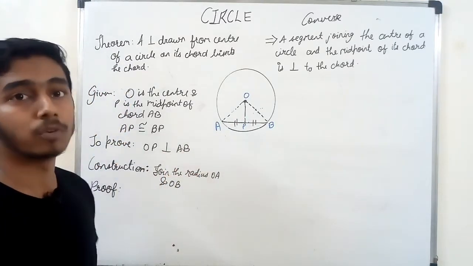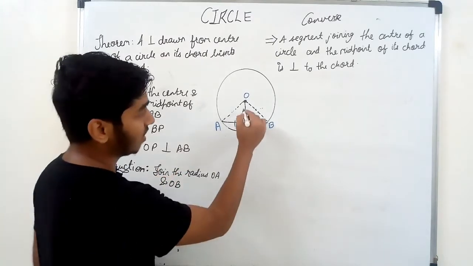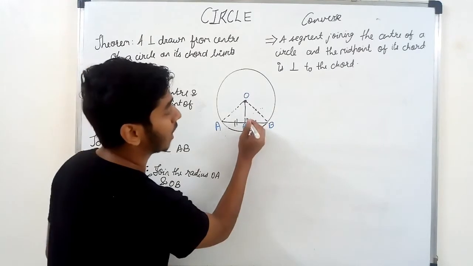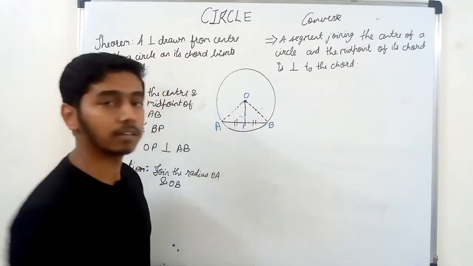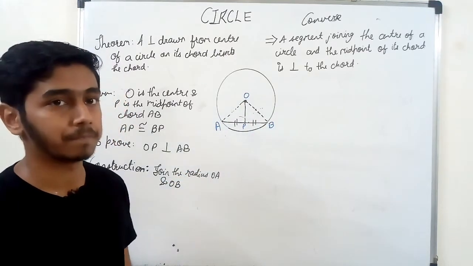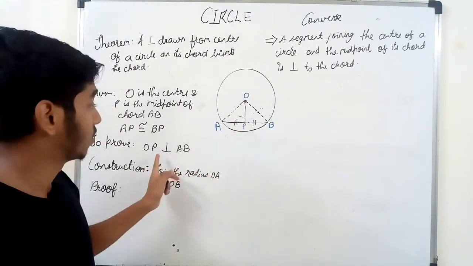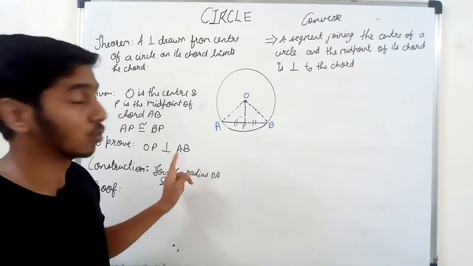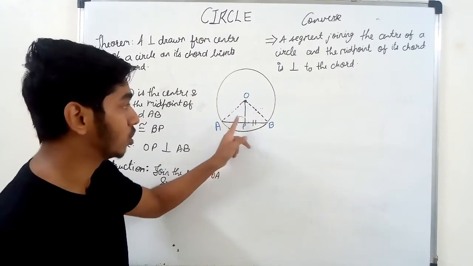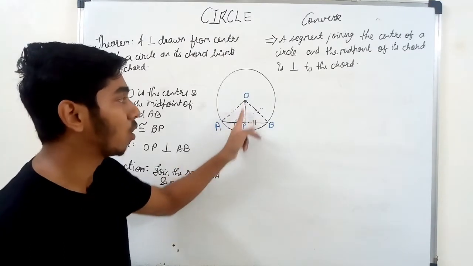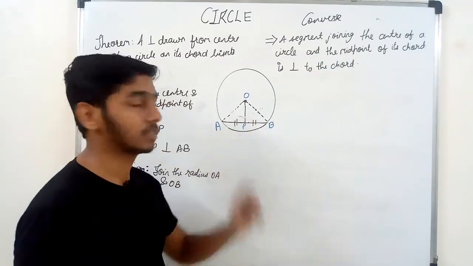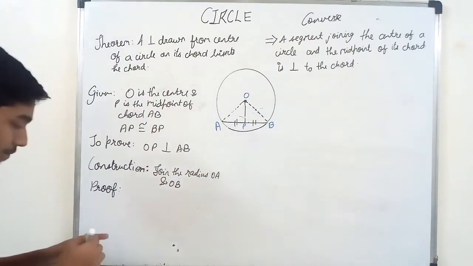So how are we going to approach that? We need to prove that OPA and OPB should be 90 degrees. To prove that the lines are perpendicular, we need to prove that this angle, OPA or OPB, is 90 degrees. So let's find it out.